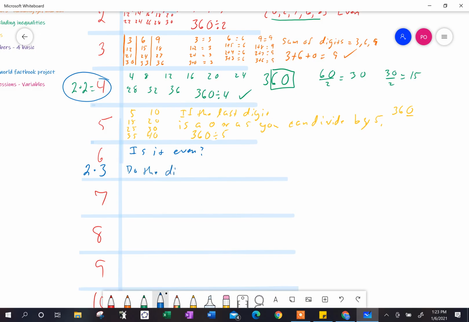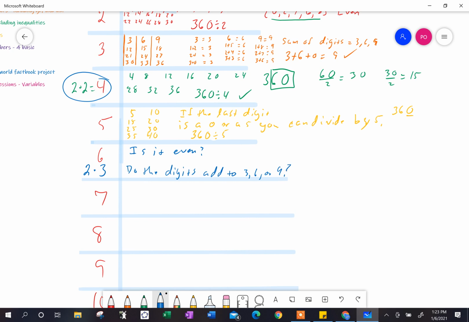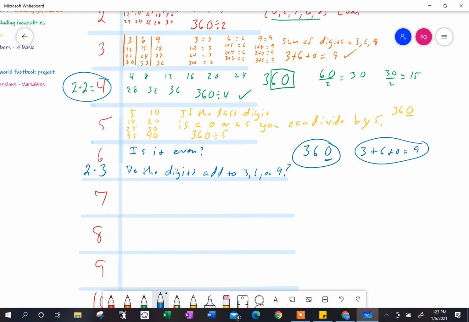And do the digits add to 3, 6, or 9? So 360 is even, and 3 plus 6 plus 0 equals 9. Because it's even, and I can divide it by 3, I can divide it by 6.